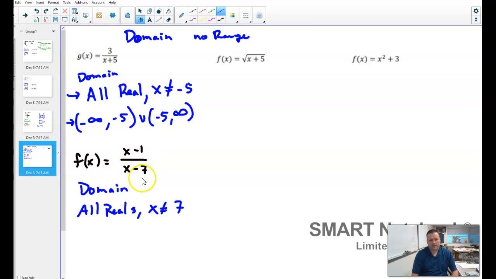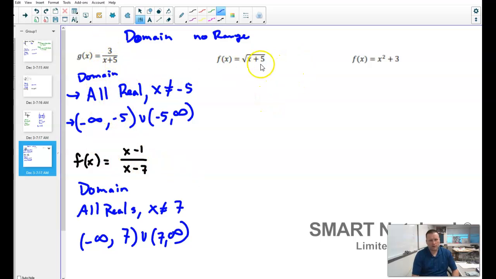I can't divide by 0 is essentially what I'm saying. Again, if I wrote this in set notation, this would be negative infinity to 7, and then 7 to infinity, because there's that gap in between there. Okay? So that's with rationals.